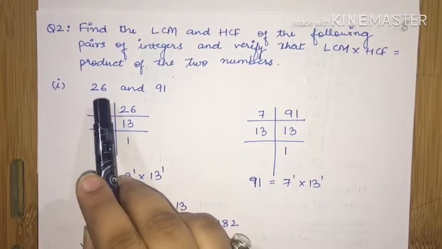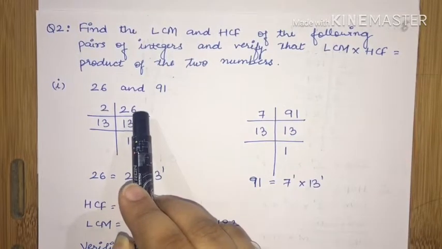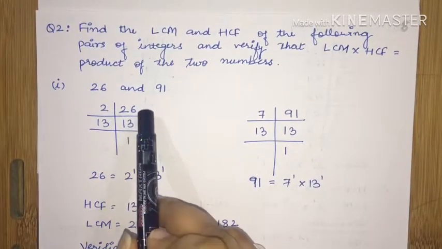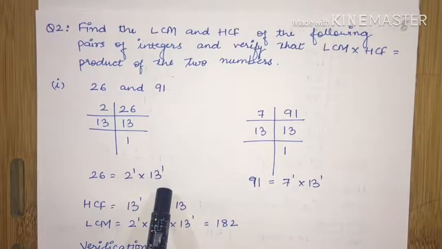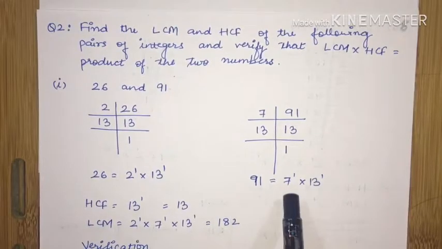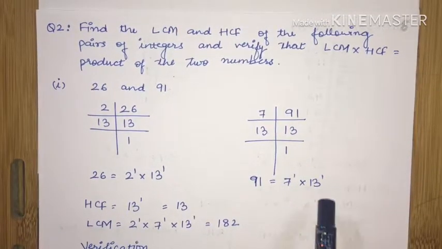So first part, 26 and 91, we are given two numbers. We'll find the prime factors of 26 and 91. So prime factors of 26 are 2 raised to the power 1 into 13 raised to the power 1, and 91 are 7 raised to the power 1 into 13 raised to the power 1.